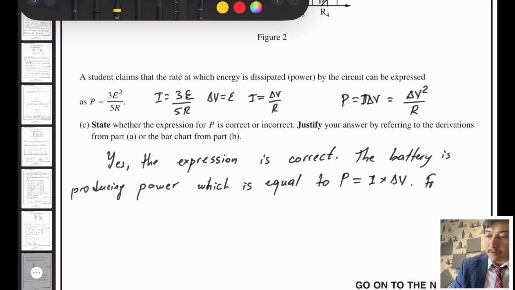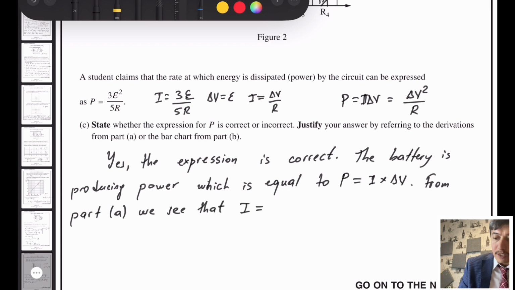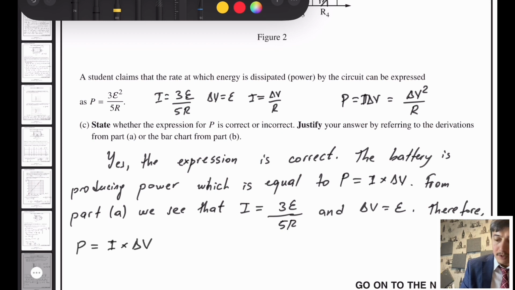From part A, we see that current was equal to 3 epsilon divided by 5R, and change in potential is equal to epsilon. Therefore, power is equal to current times potential difference, which is equal to 3 times epsilon squared divided by 5R.